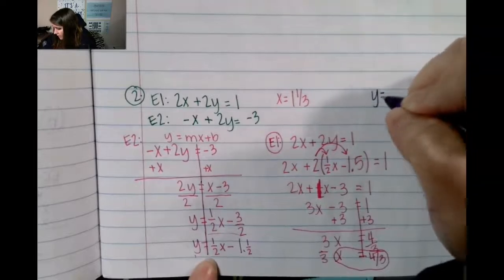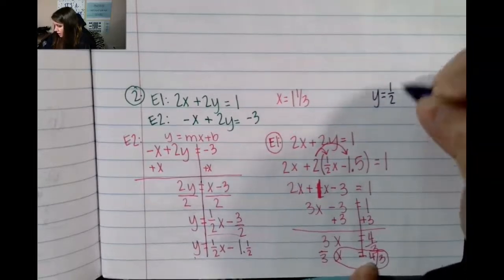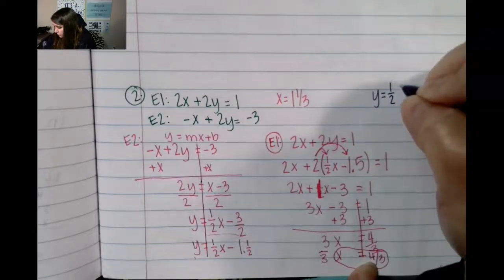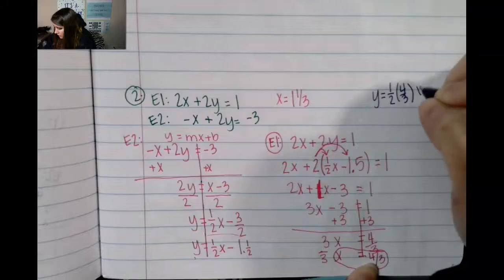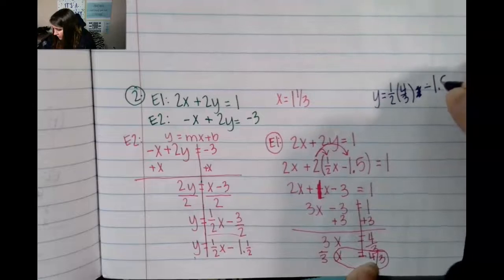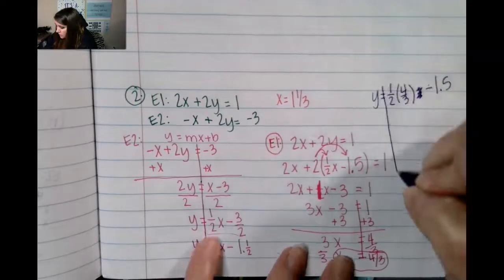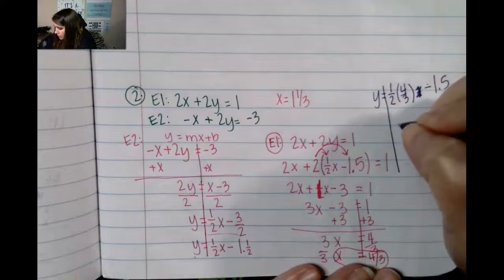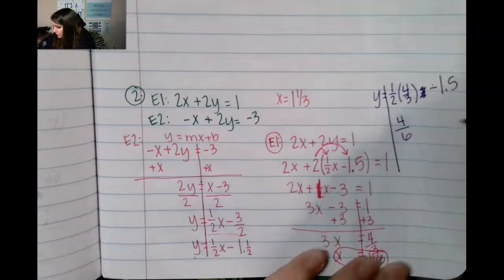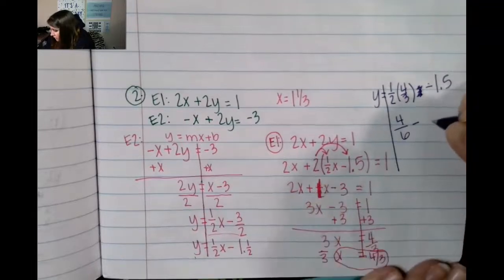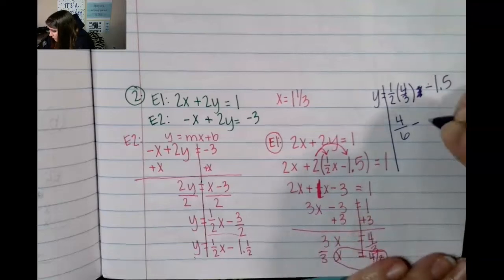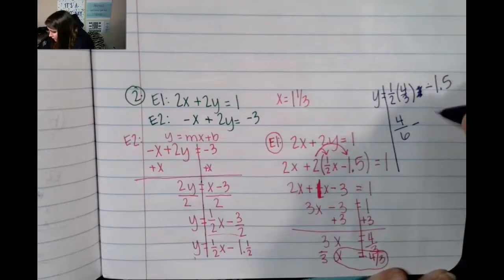So y equals 1/2 of 4 over 3, plus negative 1.5. Okay, so to multiply, we're just going to multiply straight across. So 4 over 6 minus 1 1/2. 1 1/2 is the same thing as, did we have a fraction?